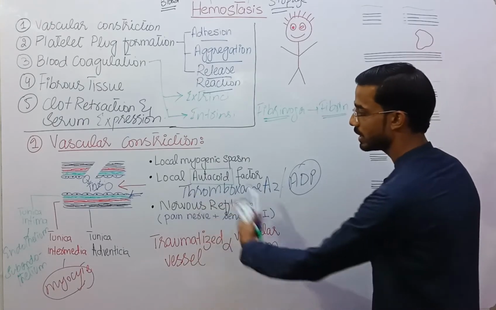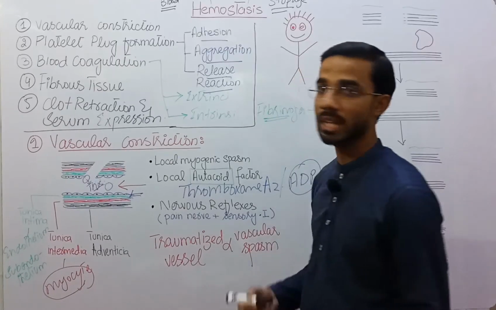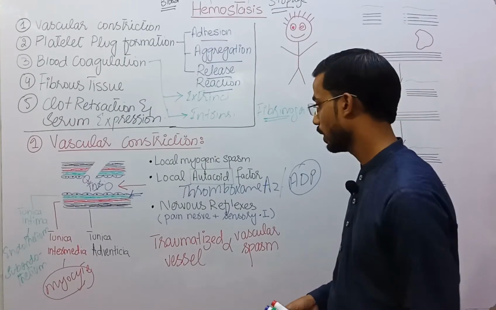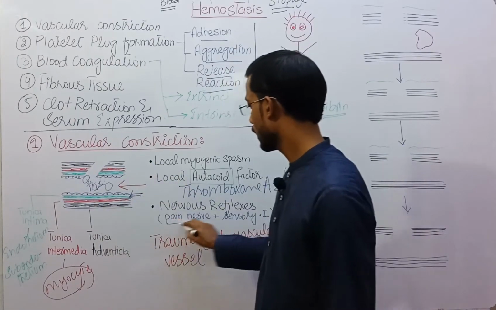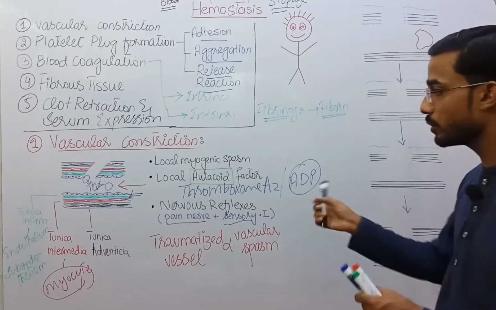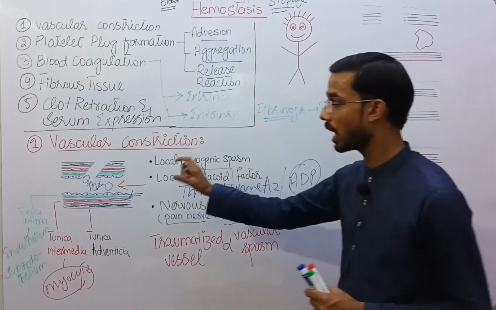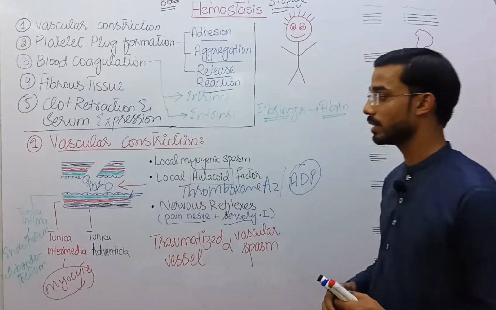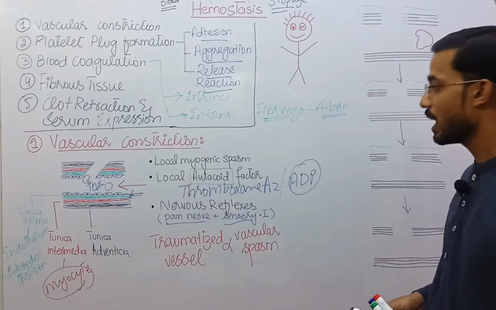And third is the nervous reflexes. As you know, blood vessels have different types of nerves, mainly pain nerves and sensory impulses. Due to these, the vessels also constrict after receiving the message from the brain.